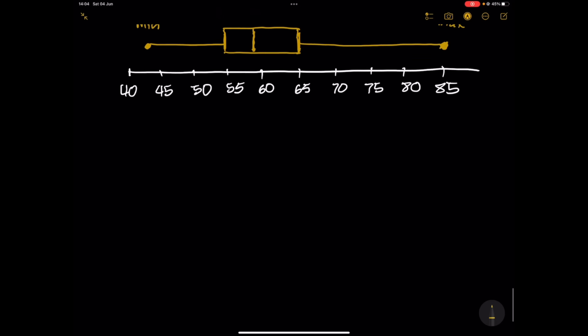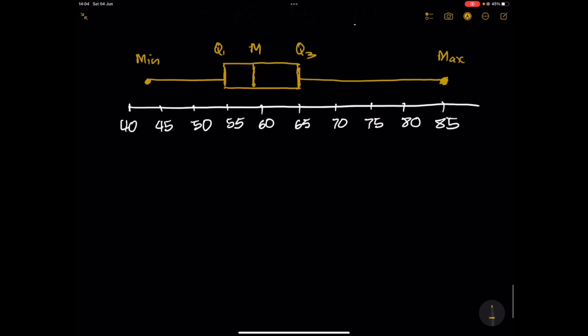Now remember, we said for you to look at the skewness, if you look at this, it almost looks like your data is skewed to the right. So what you do is you take the mean and subtract the median from it. In this case, what do we have?